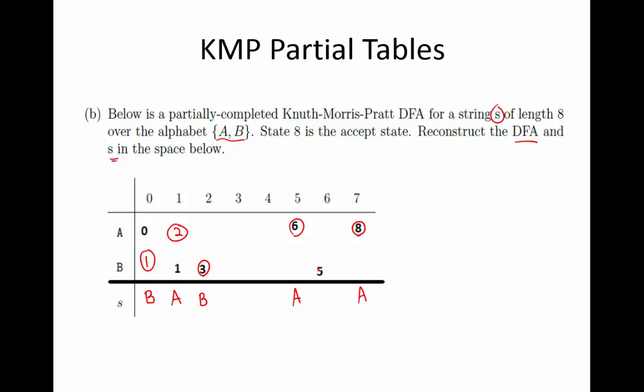So what that means is that just before you got to state 6, you have seen an A, and now you see a B, and this means that you're jumping back to this state here. So I'm going to claim that these two characters are A and B, because those two characters are the same as what happened here.